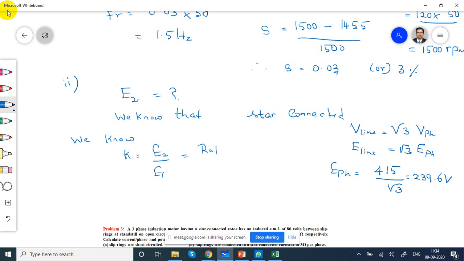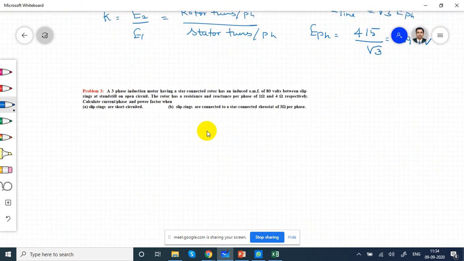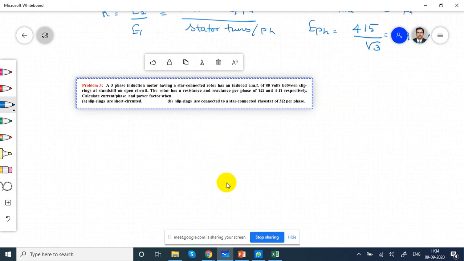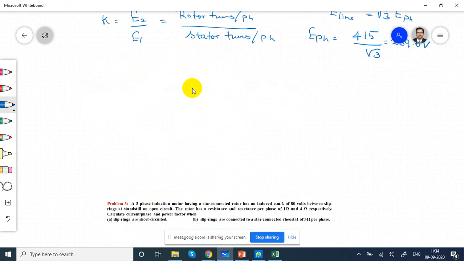E2 is rotor turns per phase divided by E1 stator turns per phase, which we can write in terms of phase voltage.